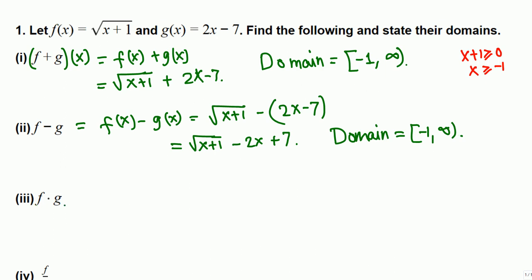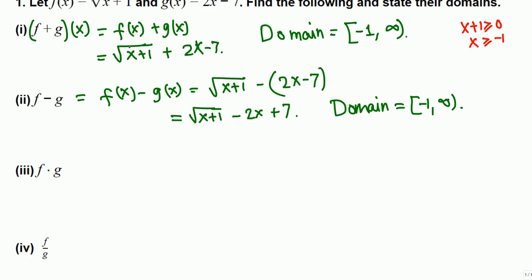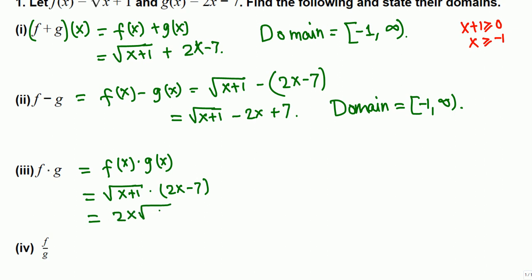In part 3 we need to multiply f times g, we need to multiply these two functions. Okay, that will be just f(x) times g(x). f is given by root x plus 1 times g(x) is given by 2x minus 7. Okay, so when we multiply, basically we distribute, so this will be this one times 2x, so 2x root x plus 1 minus this one times 7 is 7 root x plus 1.